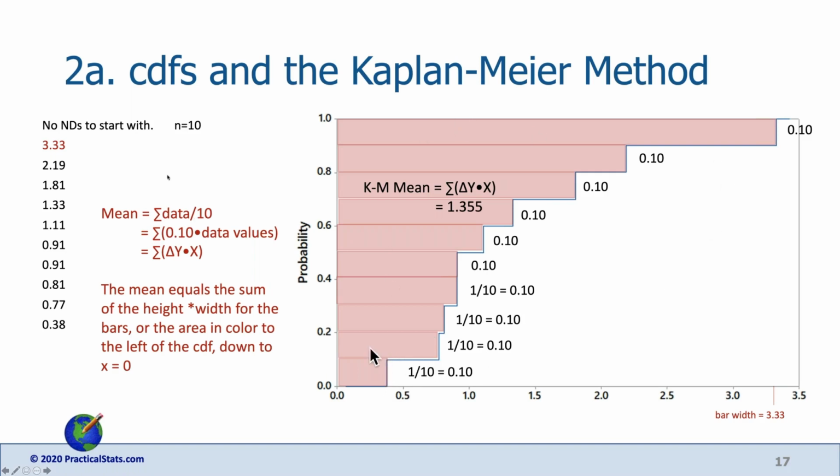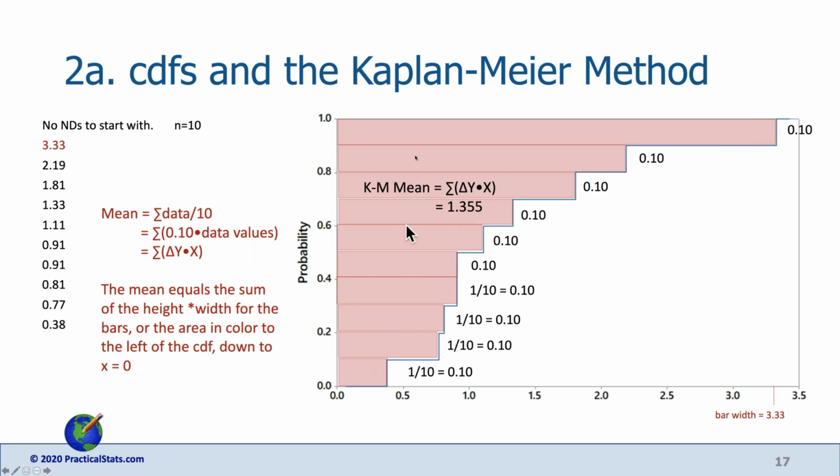And so this is a data set, these numbers here on the left that do not have any non-detects. And so you can graph them just as a bar chart with the values for that y variable down here. And each bar has a height of 1 over n, 1 over the number of data, or 1/10, 0.1. And so if you color in this area and compute the total area from the CDF, which is the blue step function, down to 0, that's the mean.